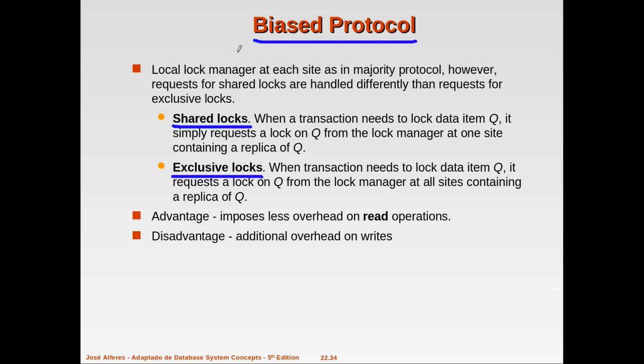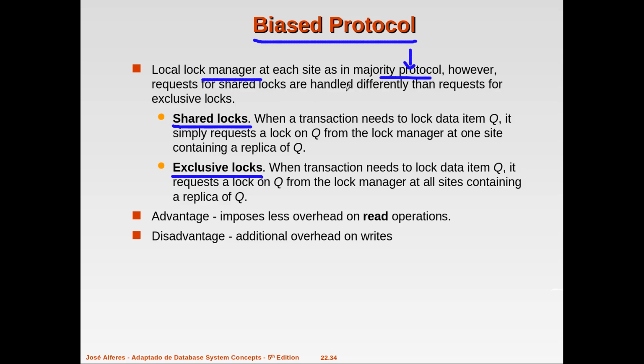That is why it is called the biased protocol. Now the local lock manager at each site is almost like the majority protocol, as we were discussing in the previous algorithm.